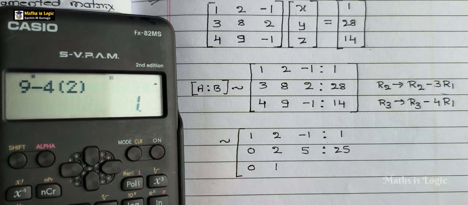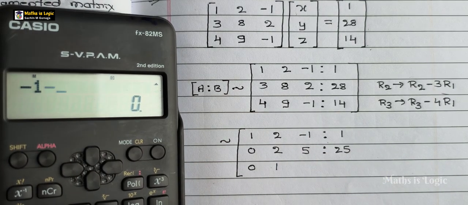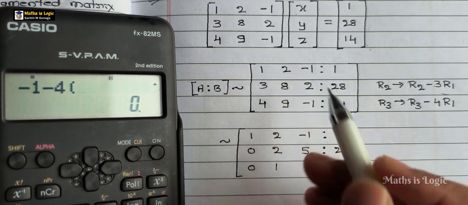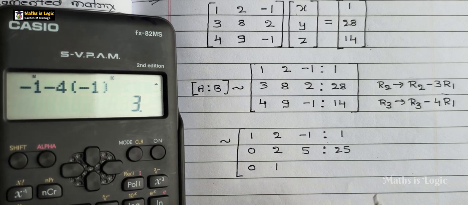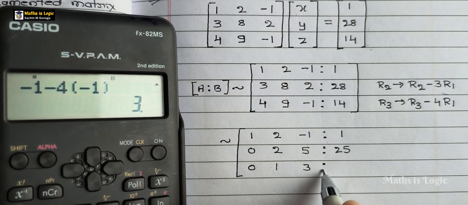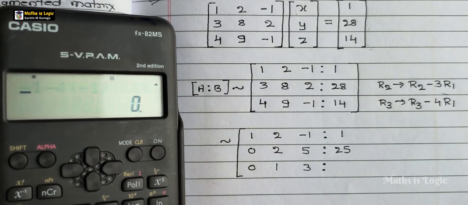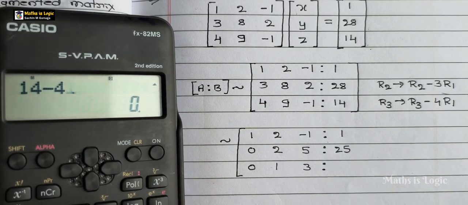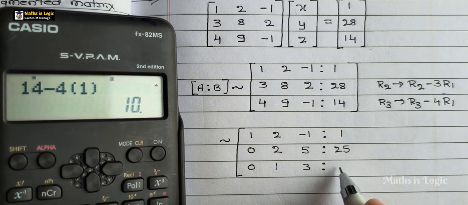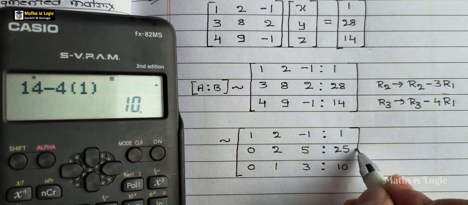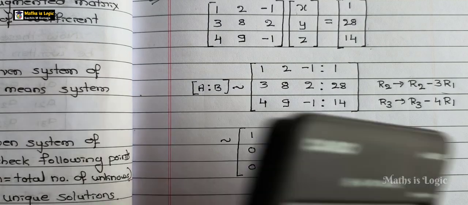Next, minus 1 minus 4 times minus 1 is 3. And next, 14 minus 4 times 1 is 10. Okay.